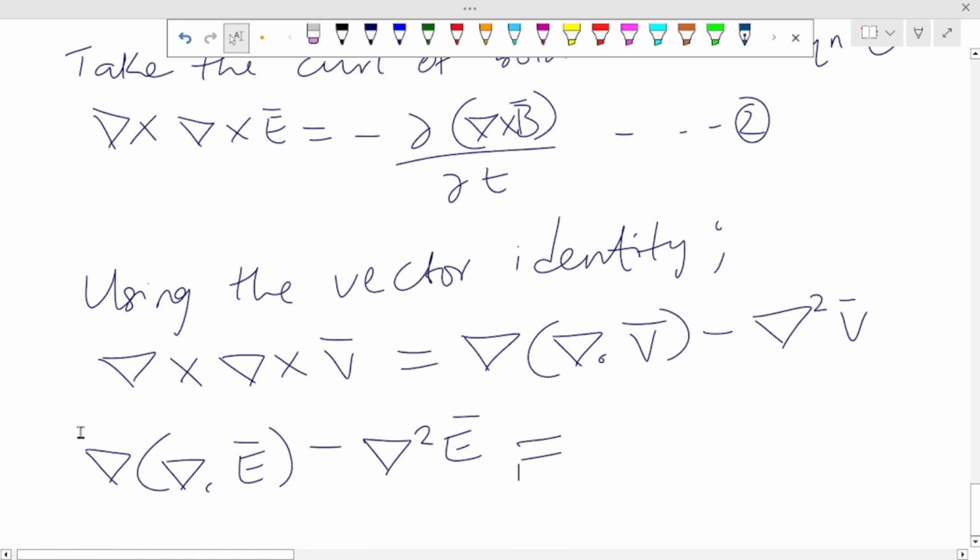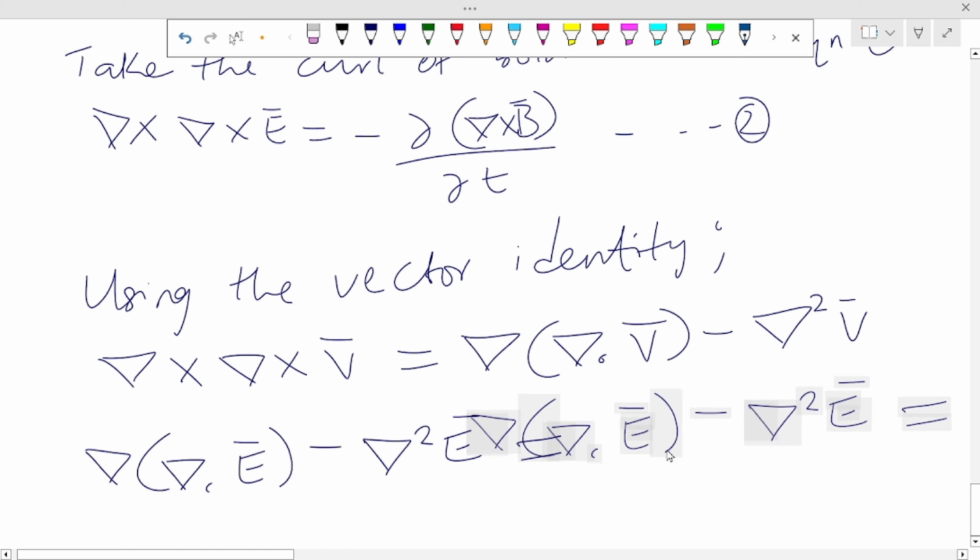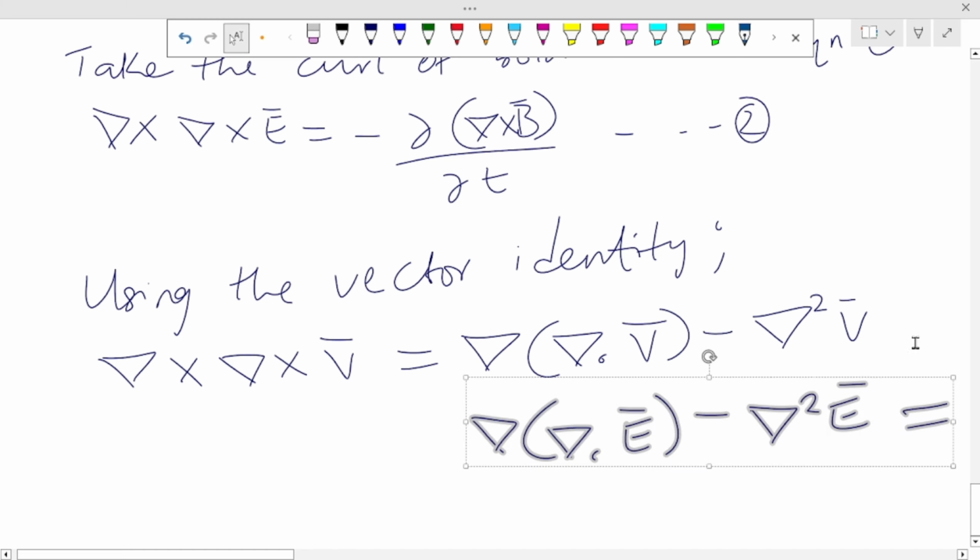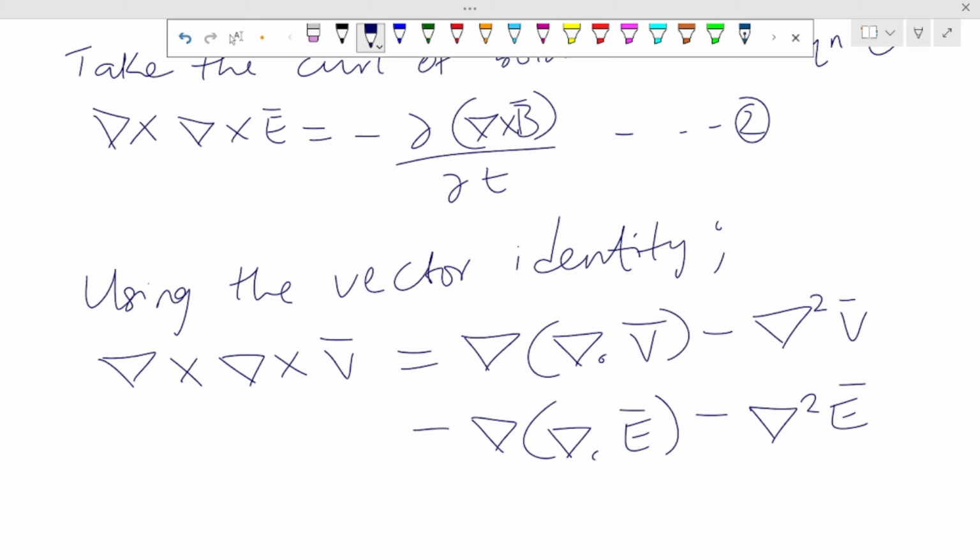Okay, to simplify further, let me make it very obvious. Let me bring these guys here, bring this guy here, and this guy here. Are you seeing it?